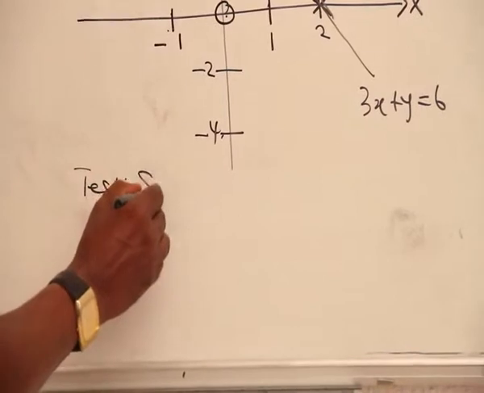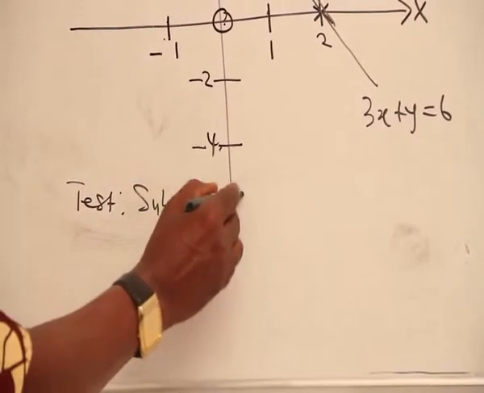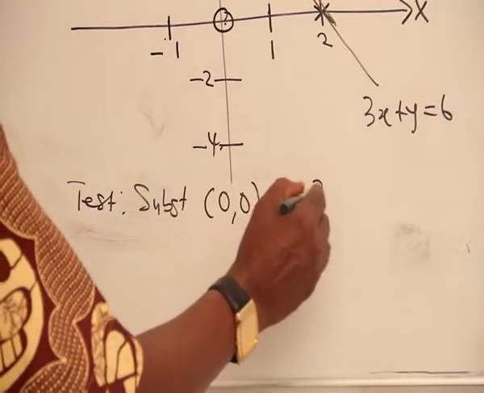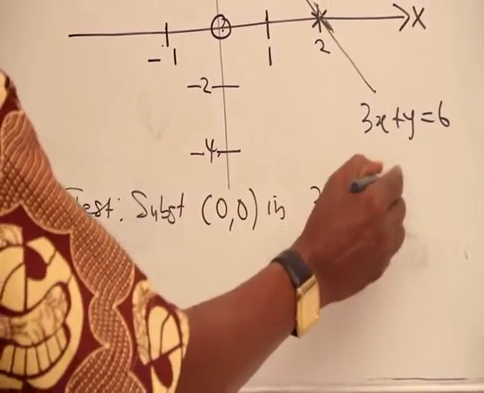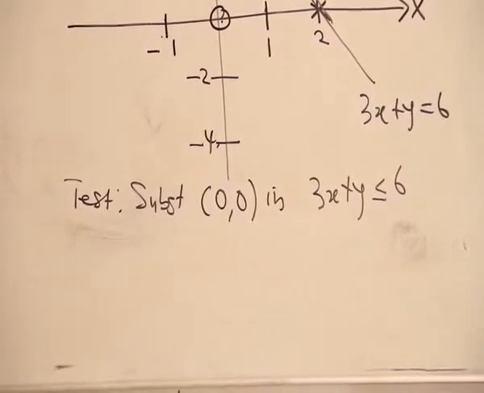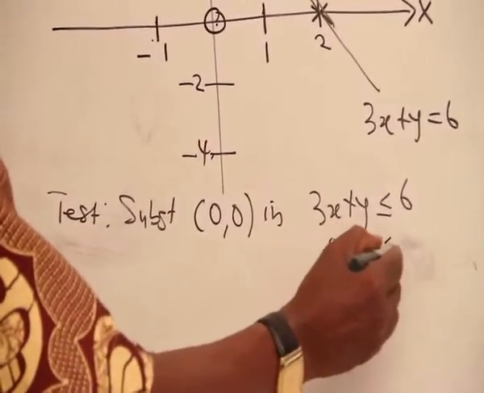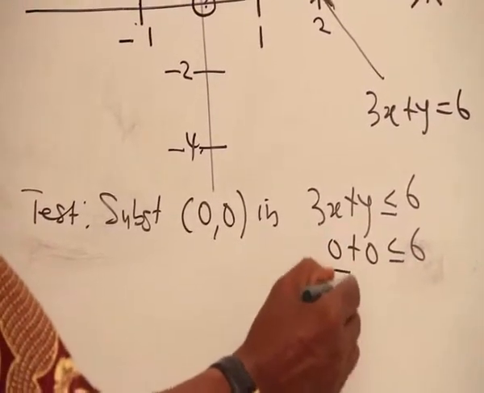The test is to substitute the point 0, 0, that is where x is 0 and y is 0, in the inequality 3x plus y less than or equal to 6. When you do this, what happens? This is 0 plus 0 less than or equal to 6. Is this true? Yes, it is true.